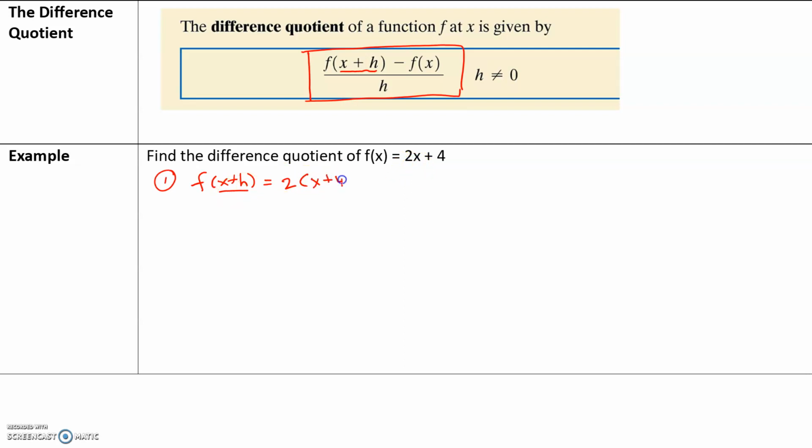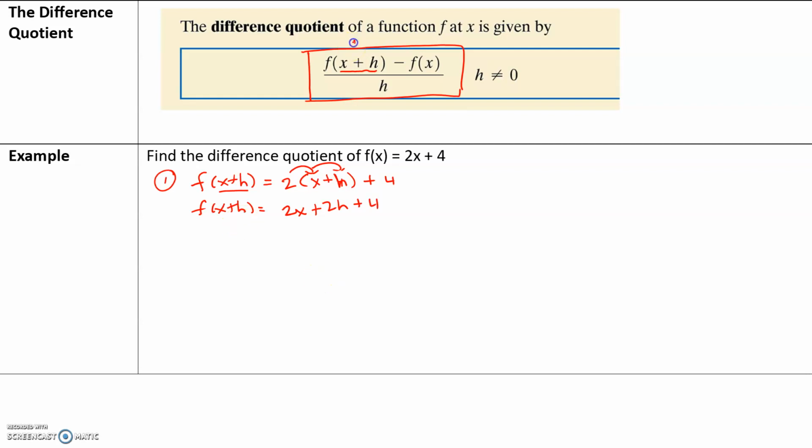So we're going to have 2 times x plus h, which is our input, plus 4. If I simplify this, I have 2x plus 2h plus 4. Okay, so that will be my f of x plus h.